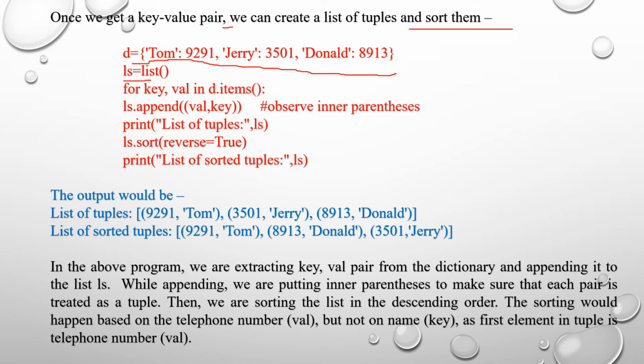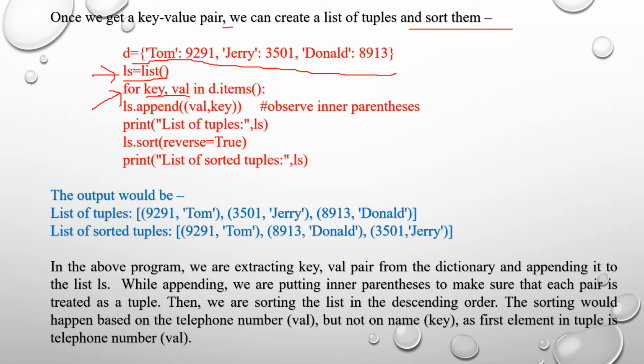So here I created one empty list, named ls, equal to list. Here I declared a for loop, and the loop variables are key, comma, value in d.items(). After that I am going to update the empty list.